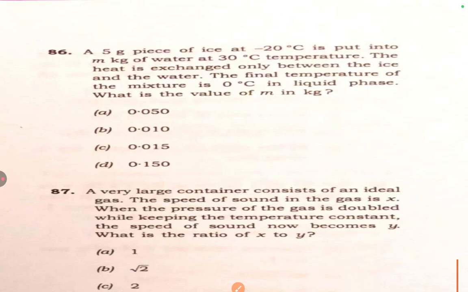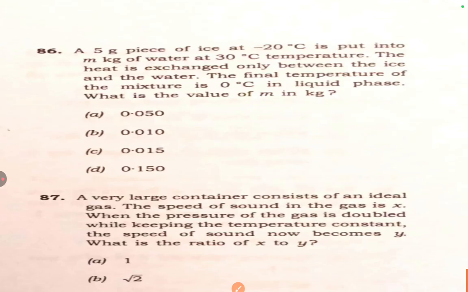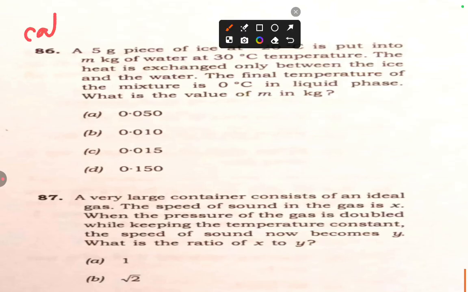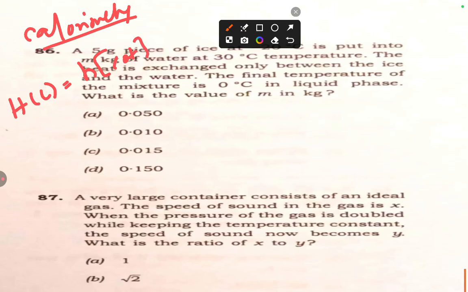So question number 86. Okay, I will do it here. This is related to the principle of calorimetry. What is the principle of calorimetry? We know it very well. The heat lost by the hot body is equal to the heat gained by the cold body.